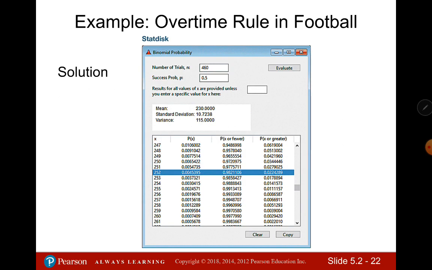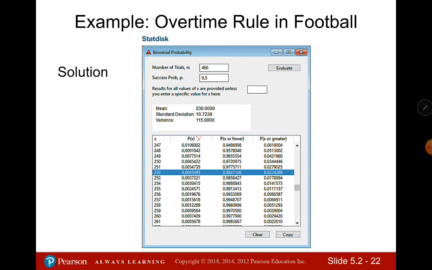Let's check the output here. We want to test whether 252 is significantly high or not, but actually the probability we need to make the decision is not the single x value. It's not this column.